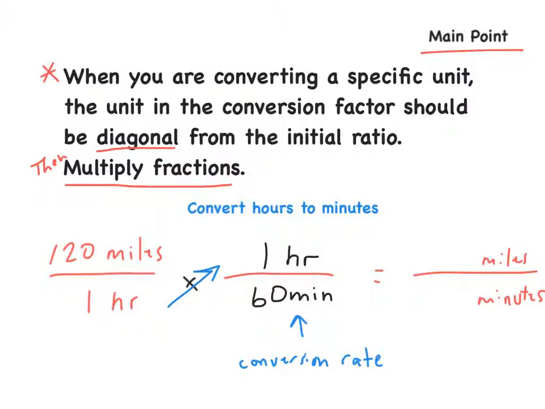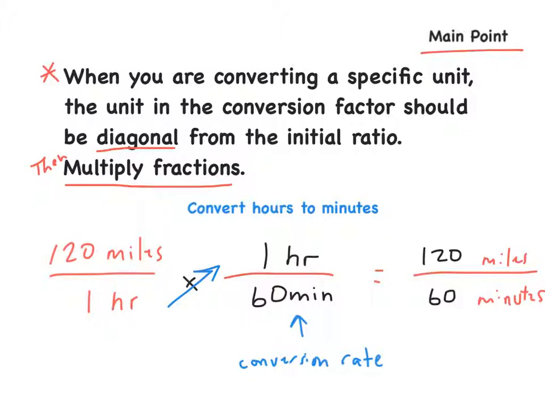So from here, the next step is to multiply the fractions. So remember when we multiply fractions, we just multiply straight across. So 120 times 1 is equal to 120. 1 times 60 is 60.